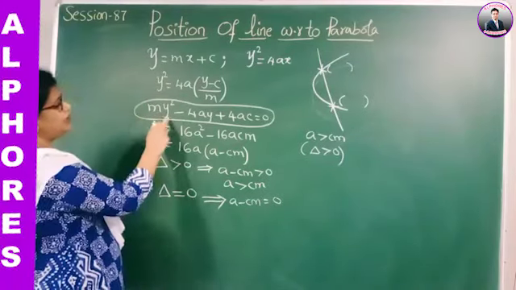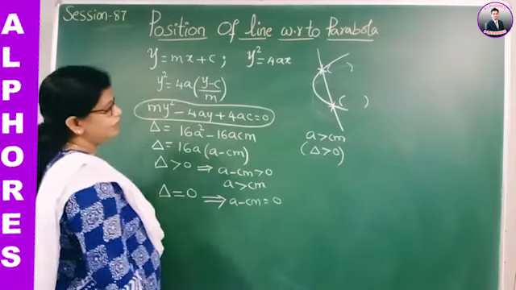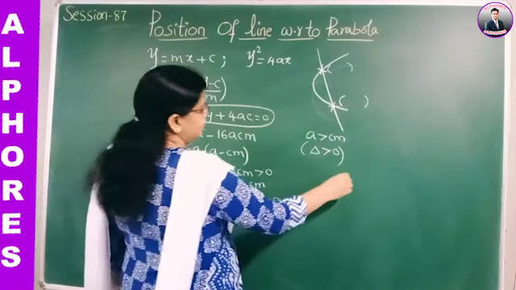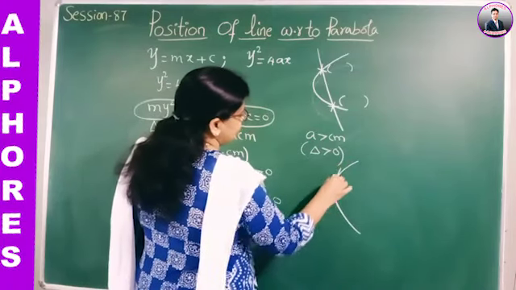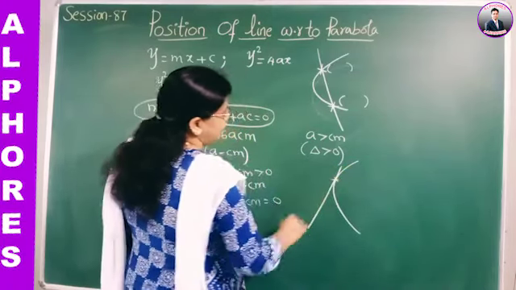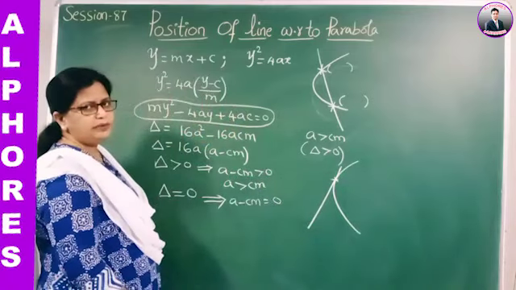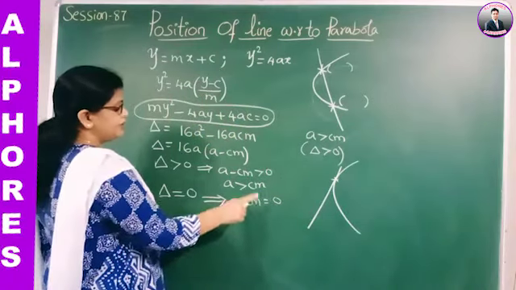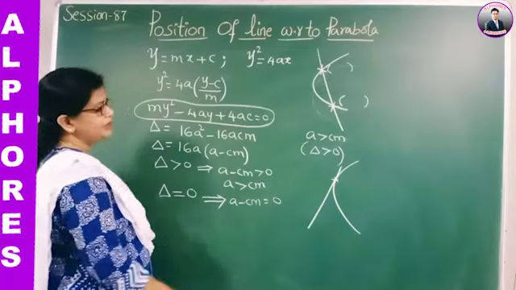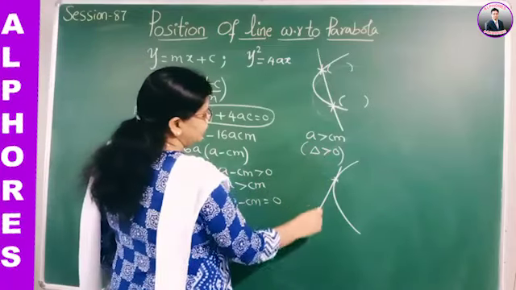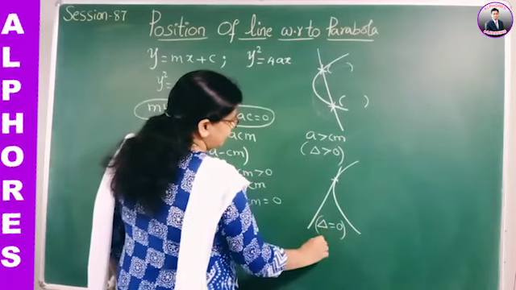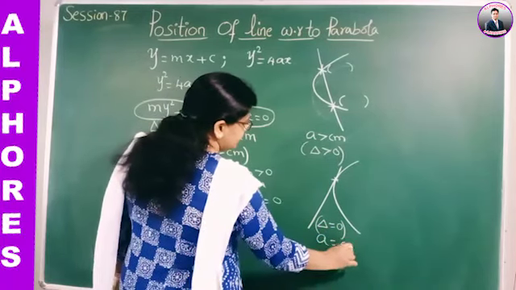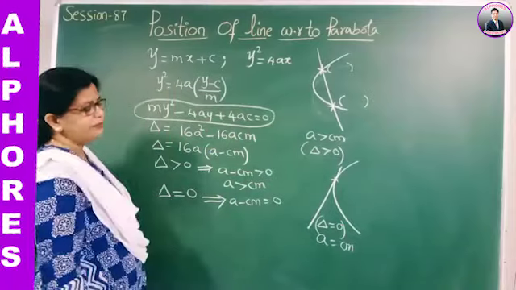That means the curve and the line are exactly touching at this point, so that is our equal root value. So a minus cm equal to 0 means the line is becoming a tangent. So delta is 0 implies a equals cm.